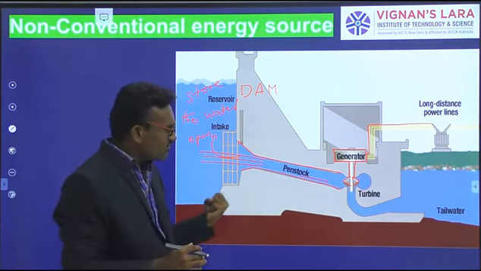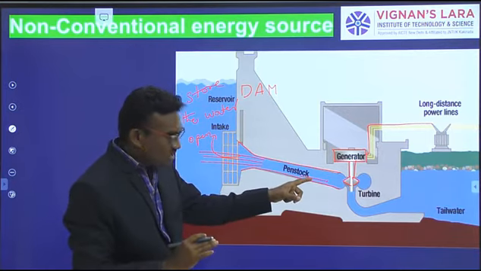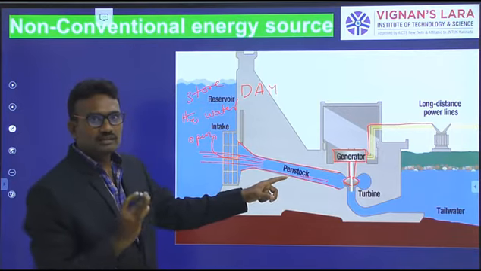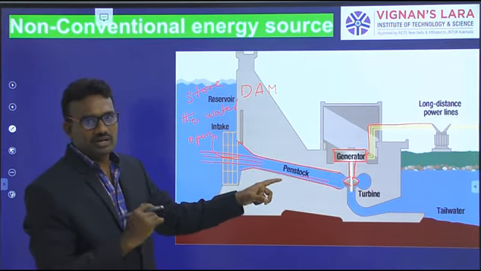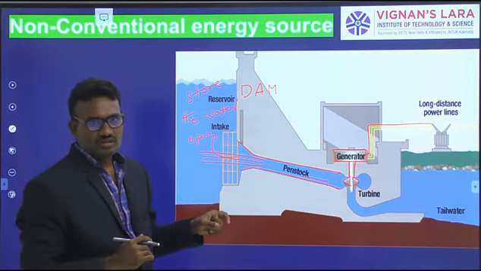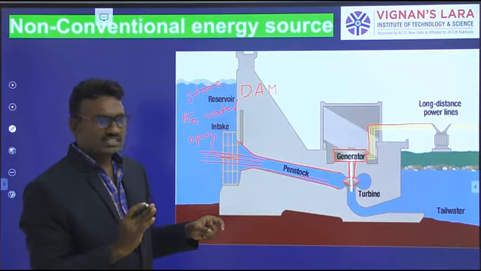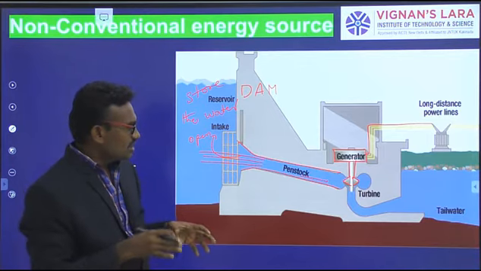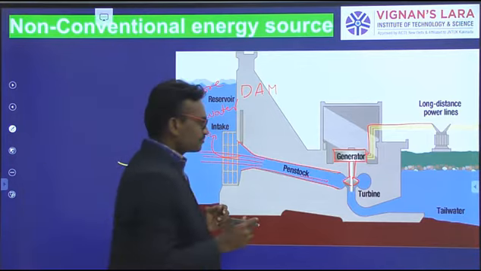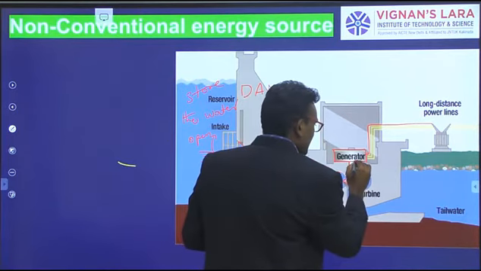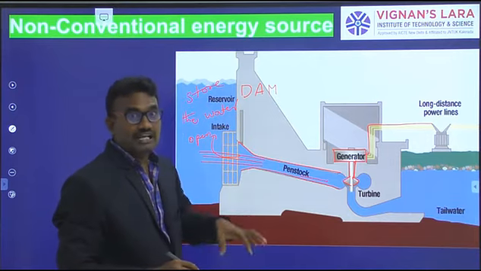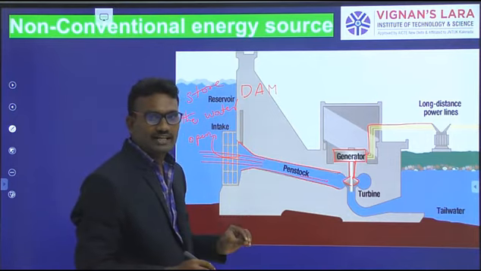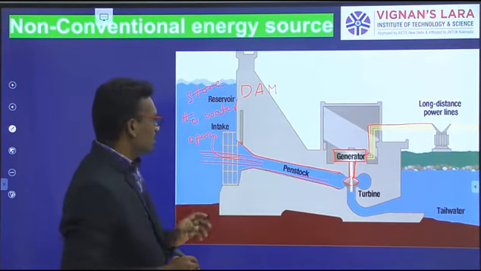By the force of the water, the turbine blades are rotated. Mechanical work is created in the turbines. The mechanical energy passes into the generators, where it is converted into electrical energy.